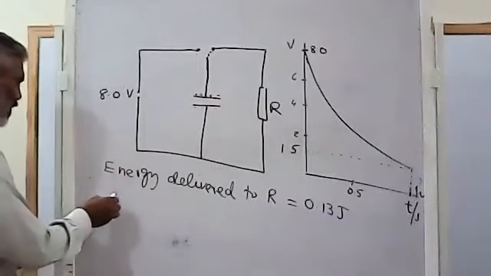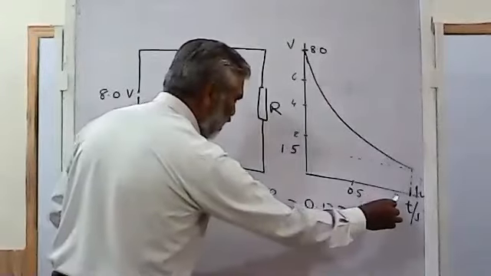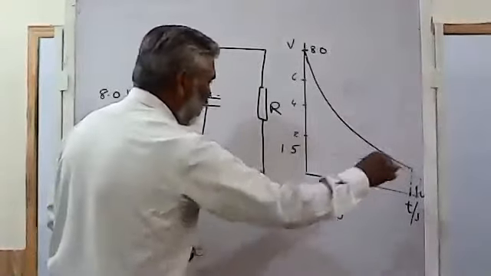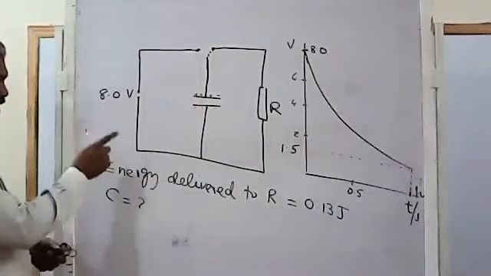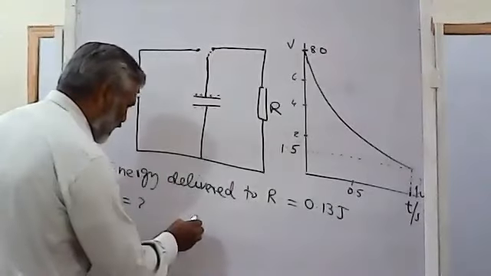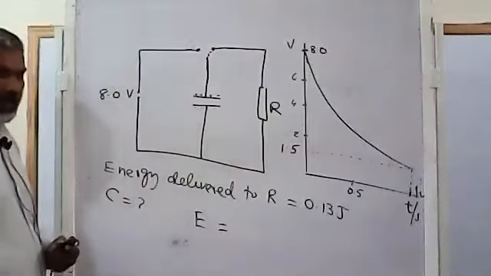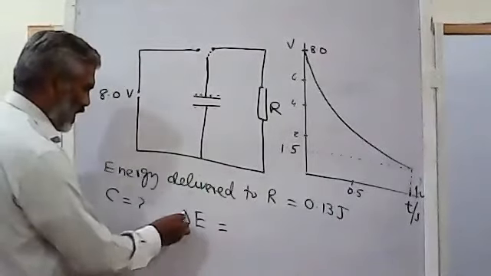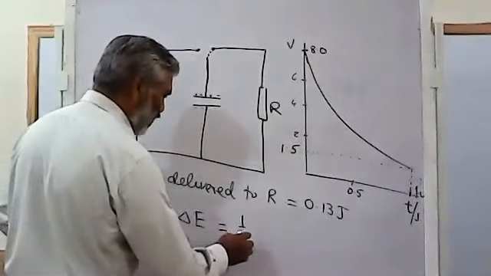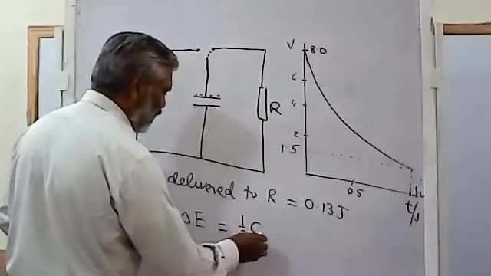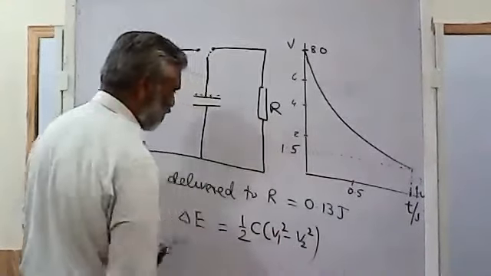We want to calculate the capacitance if in 1 second, in all this time when the voltage drops to 1.5 volt, we want to calculate the capacitance. So the formula that we must use here is the change in energy, that is delta E. That is actually the energy delivered to R. So delta E is 1/2 C (V1 square minus V2 square).